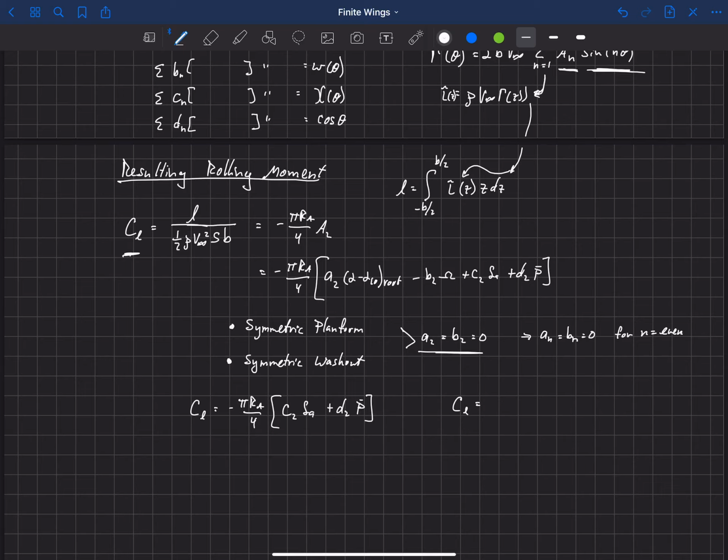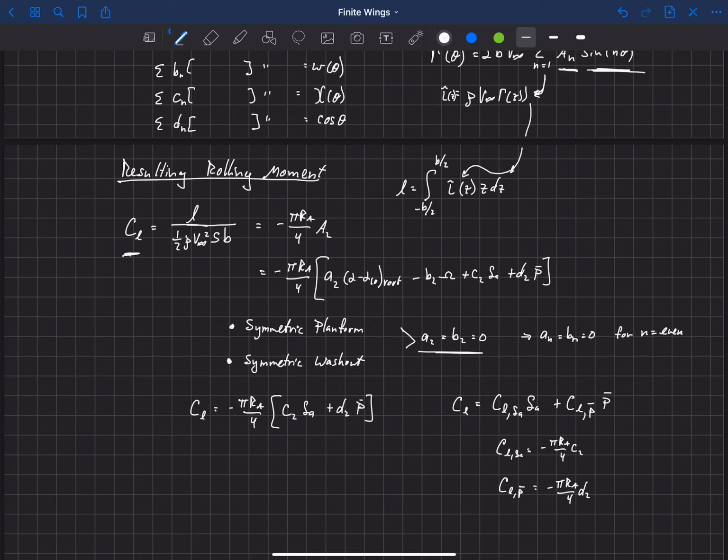So we would say the rolling moment coefficient is the change in rolling moment with respect to delta A times delta A, plus the change in rolling moment with respect to P bar times P bar, where the change in rolling moment with respect to delta A is just minus pi RA over 4 times C2, and the change in rolling moment with respect to P bar is equal to minus pi RA over 4 times D2.